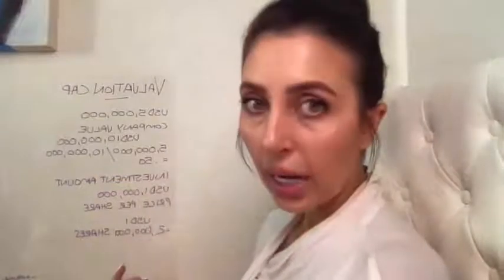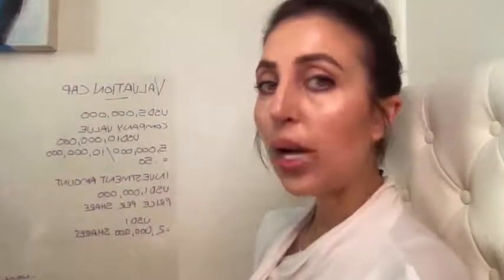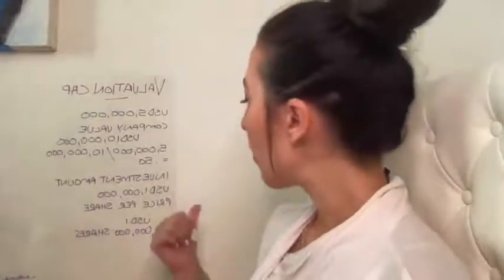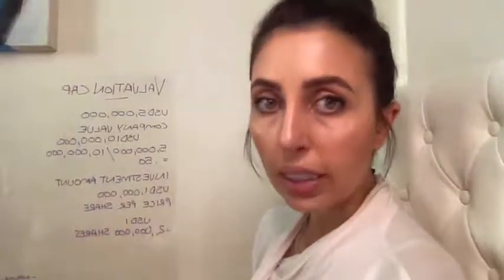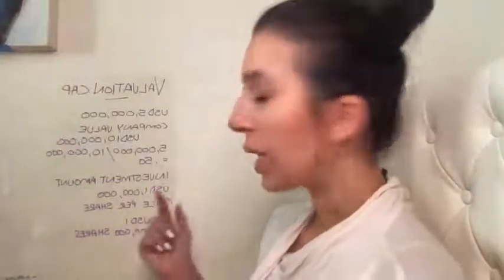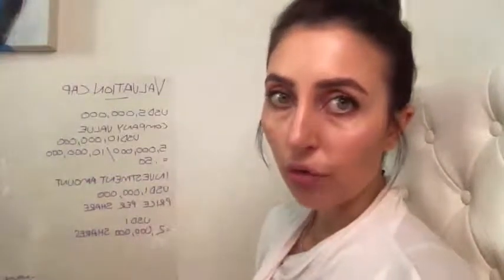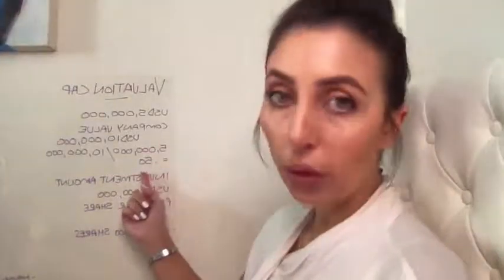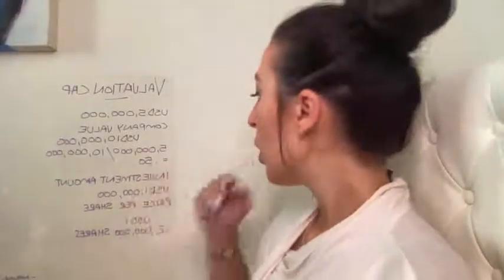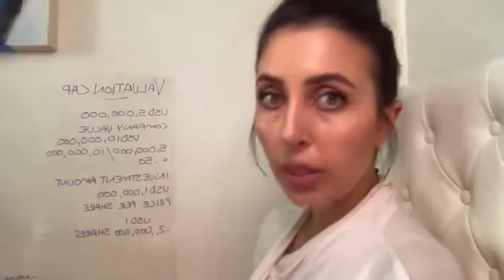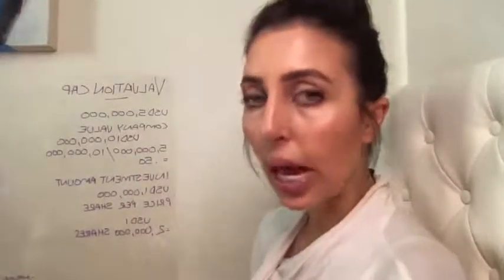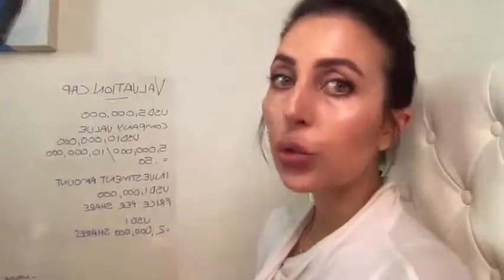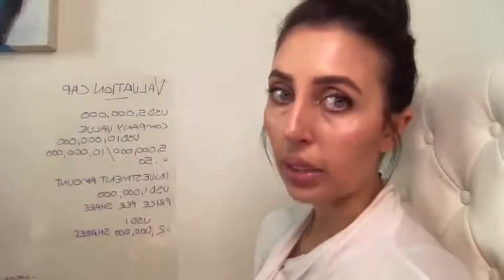So say again, as per our previous example, the price per share at that time is valued to be $1, and the investor has invested $1 million. That means that instead of receiving each share for $1, the investor will receive each share for 0.5. Therefore, if you convert the 1 million into shares at 0.5 per share, the investor will end up receiving 2 million shares in the company at that time.